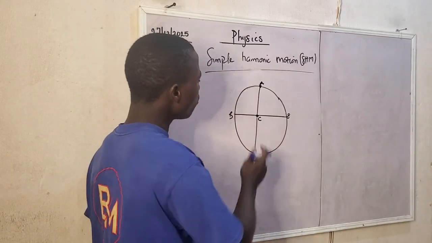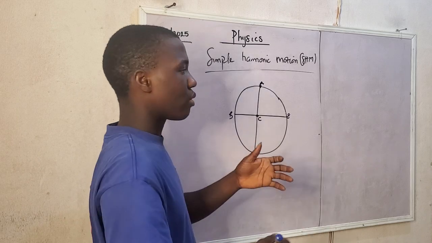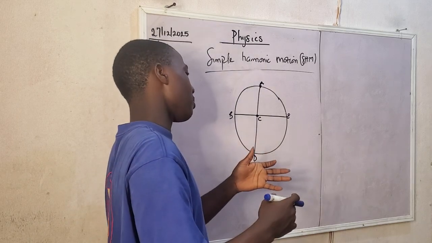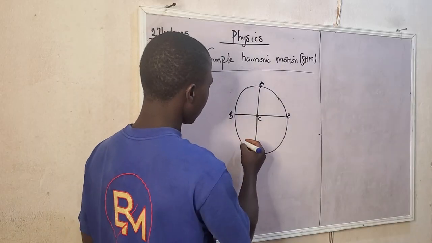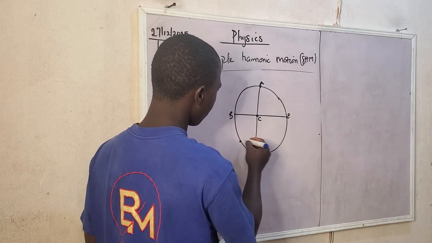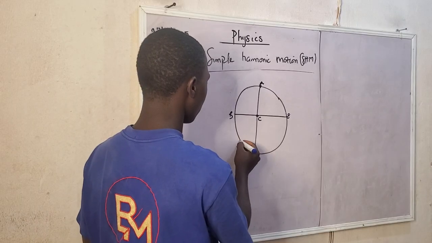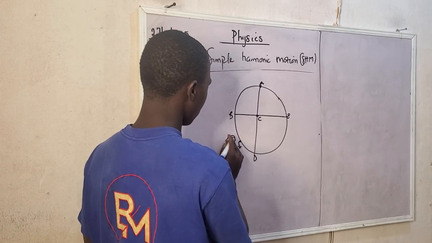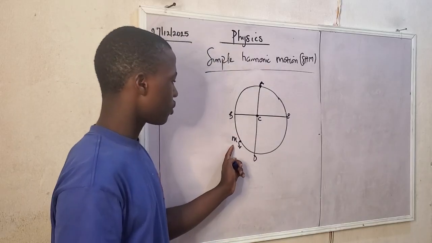So if the object moves round this circle continually, what would I call it, partial simple harmonic motion? Take for instance the object moves around this circle, and let's call the object N, somewhere here.